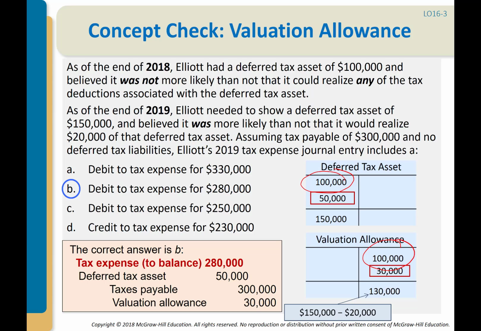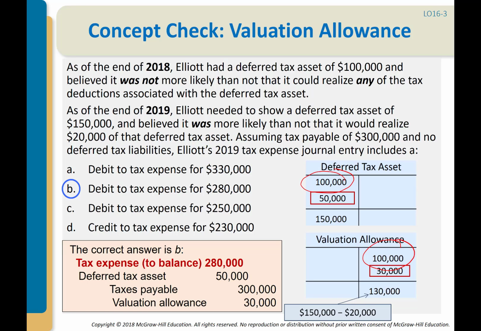Now we want 130 in there, because we say there's 130,000 that we would not realize, right? But we don't need 150 in the valuation allowance, we only need 130. It has 100, so we put 30 more in, right?